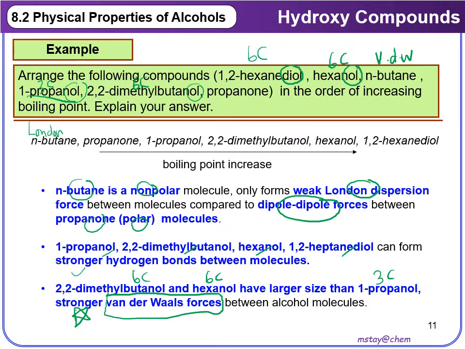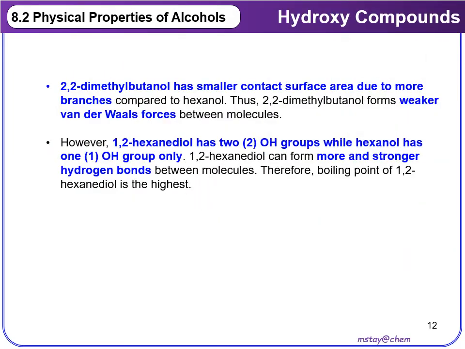That's why 1-propanol has the lowest boiling point among these alcohols. Then the 2,2-dimethyl-butanol consists of 6 carbons, and hexanol also consists of 6 carbons. This time we focus on the contact surface area due to the branches of the 2,2-dimethyl-butanol. If they have more branches, they will have a weaker van der Waals force.